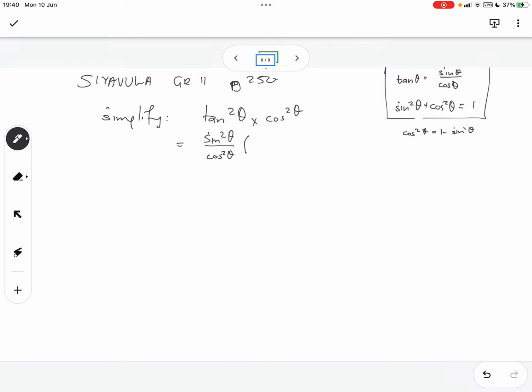And if we make cos squared the subject of the formula, it'll give us cos squared theta equals 1 minus sine squared theta, and we can substitute that here, or maybe we don't need to.